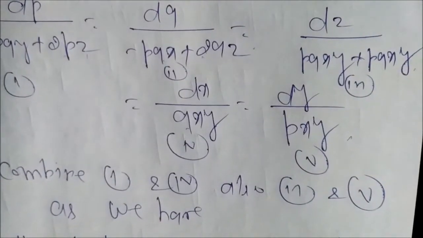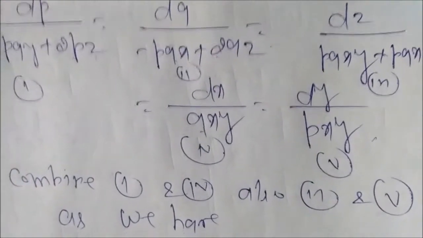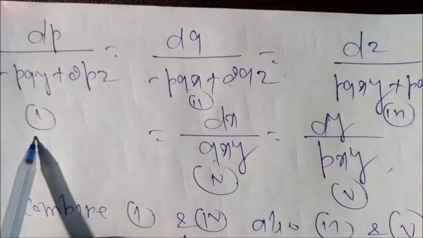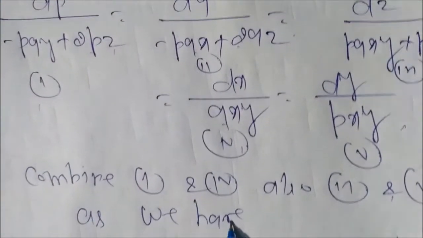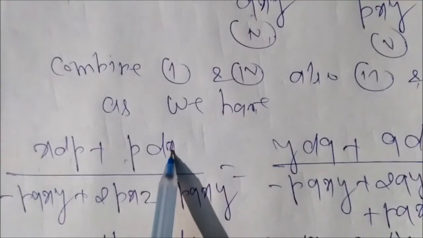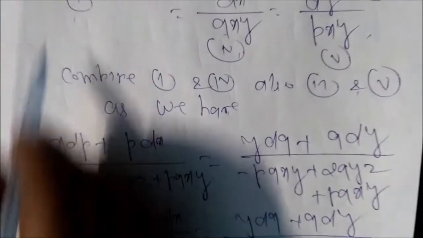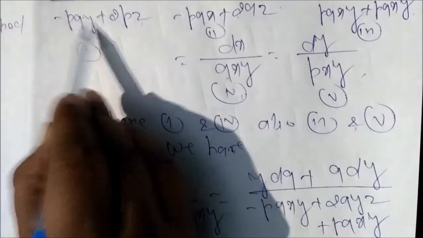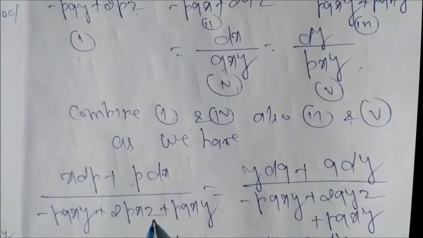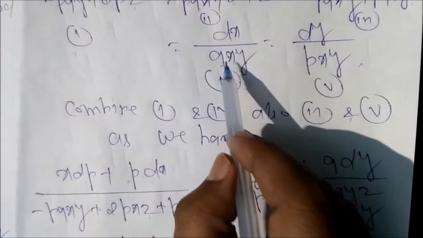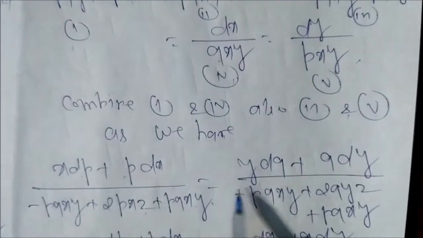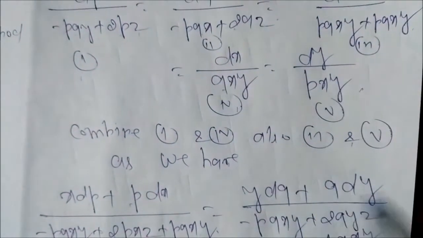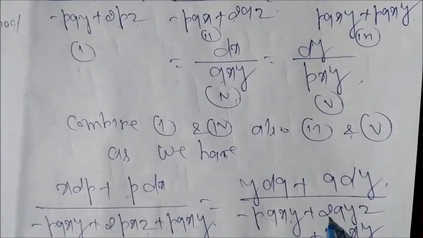Here the main important thing is how you combine. We take the first and fourth, also the second and third, in this way: x dp plus p dx divided by, if you multiply by x, minus pqxy plus 2pxz, and similarly y dq plus q dy by minus pqxy plus 2qyz.